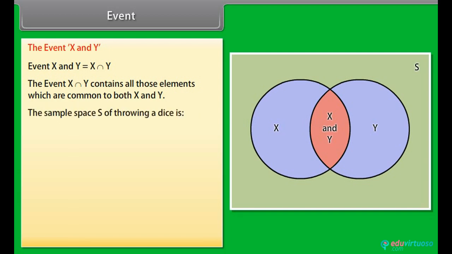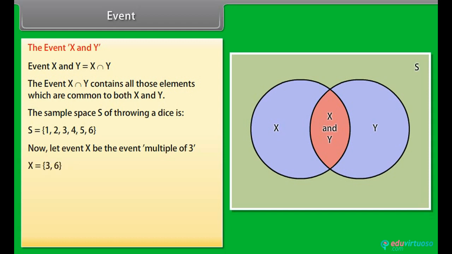The sample space S of throwing a dice is S is equal to 1, 2, 3, 4, 5, 6. Now let event X be the event multiple of 3. X is equal to 3, 6. Now let event Y be the event multiple of 2. Y is equal to 2, 4, 6.